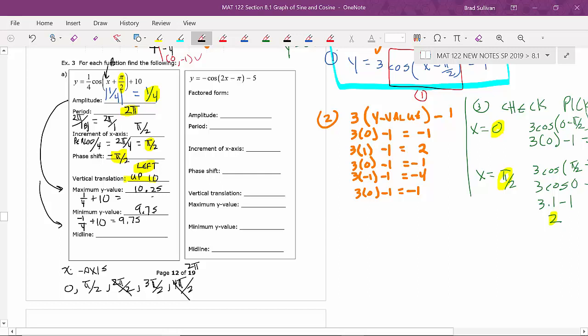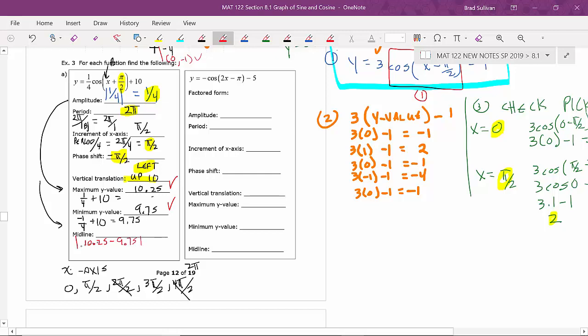Okay, so we got that. All right, well, the midline is just the average of these two numbers here. If you want to find the midpoint between the maximum y and the minimum y, you subtract those two, 10.25 minus 9.75.